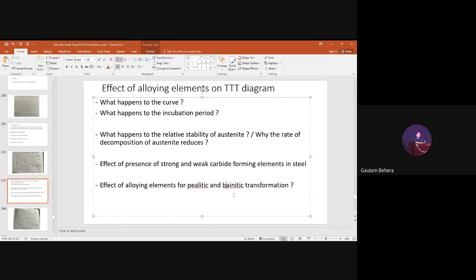So if pearlitic transformation involves diffusion of carbon, iron and other alloying elements, then the effect will be more pronounced in pearlitic transformation than in bainitic transformation. So the rate of decomposition will be slower in pearlitic transformation, because it retards the decomposition of carbon.